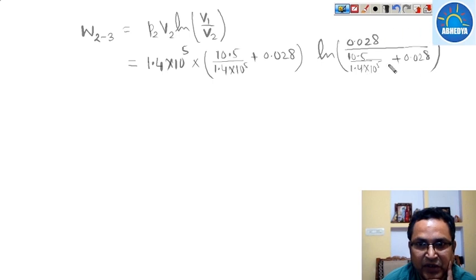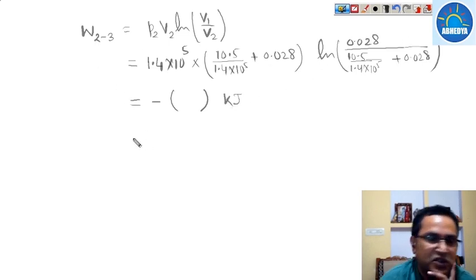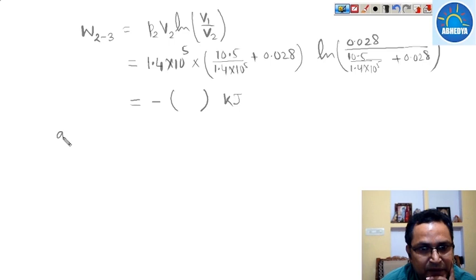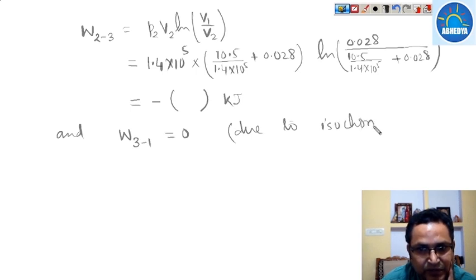Since this ratio is less than 1, the work done will be negative. This much kilojoule of work is done in process 2 to 3, and for process 3 to 1 the work done is equal to 0 due to the isochoric process.